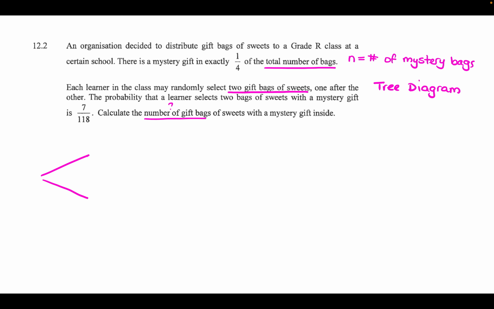Guess I should say that's what our unknown is, not the total number of bags, but the total number of mystery bags, the ones with the gift inside. So if we have N of those, then we'll have 4N. That would be the number of total bags. So let's just do an example.